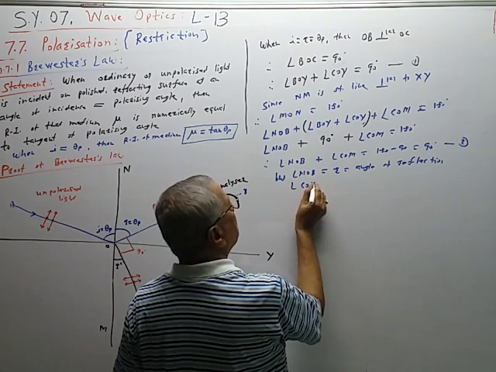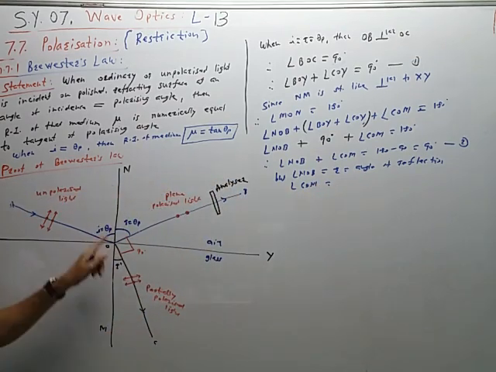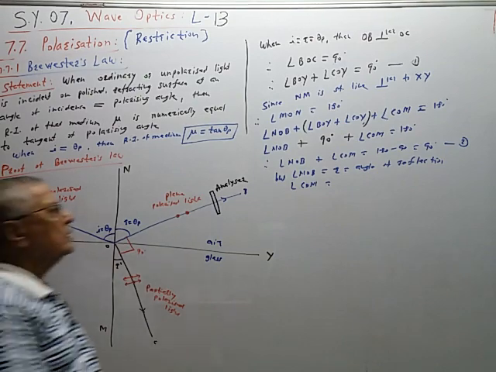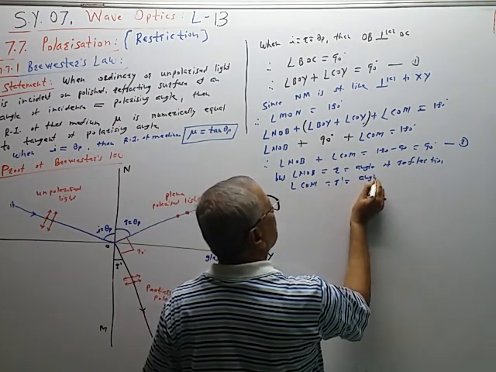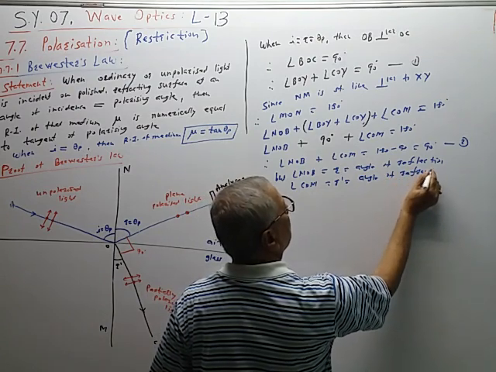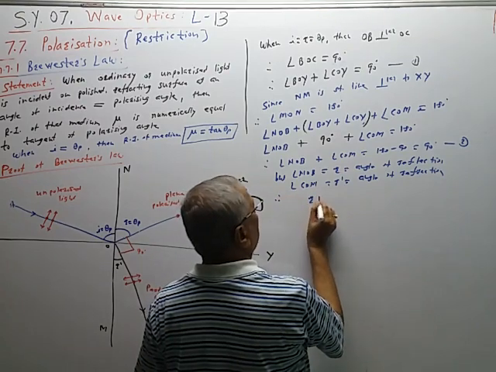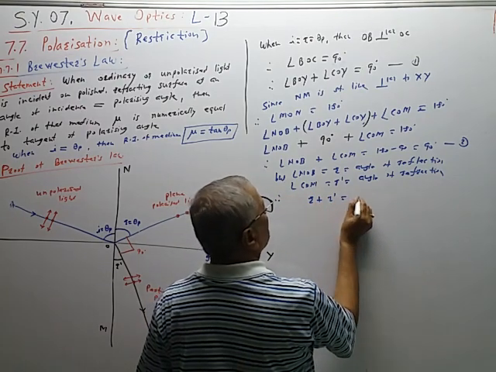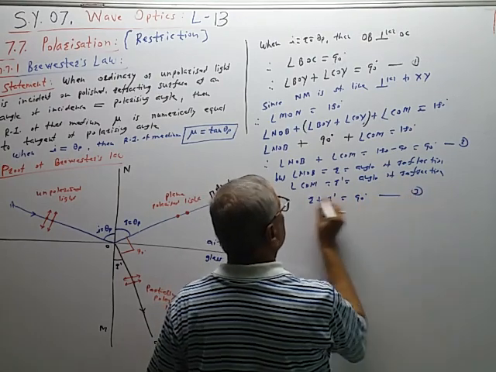Angle COM, check करा, angle COM, it is the R dash, angle of refraction. Therefore R plus R dash is equal to 90 degree. This is equation 3.